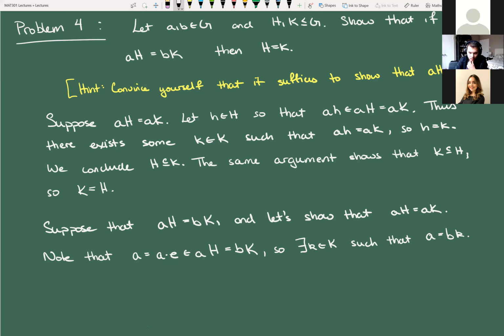Thus AK equals BK equals AH. Because then you get A inverse B in K, sure. And then what? So that means the coset generated by, so if A inverse B is in K, that tells you that AK is equal to BK. Oh, right. Okay, yeah, sure. Let's do that.